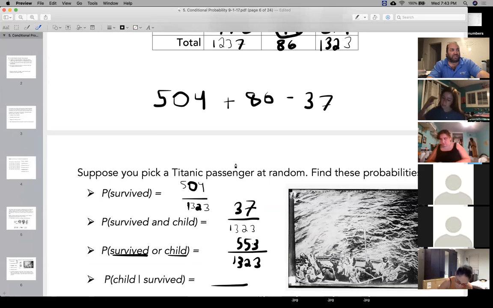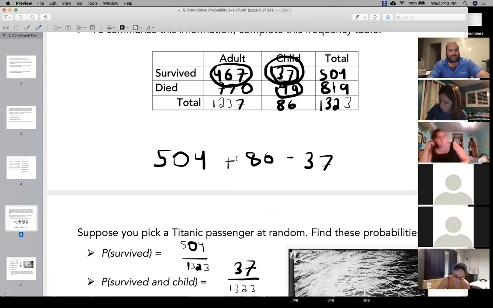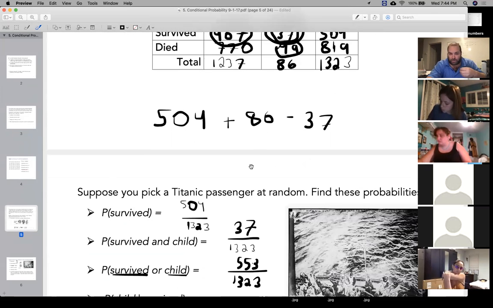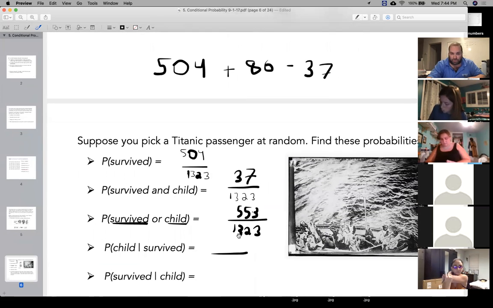So because it's given that they survived, what is my denominator going to be? 86? Not 86, I'm sorry. 504. The denominator is the given. The given is survived. How many survived? 504.